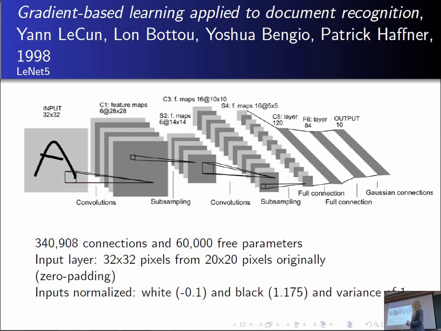They took as input images of 28 by 28 pixels, and they added zeros around the image to create a 32 by 32 image. Why do they do that?